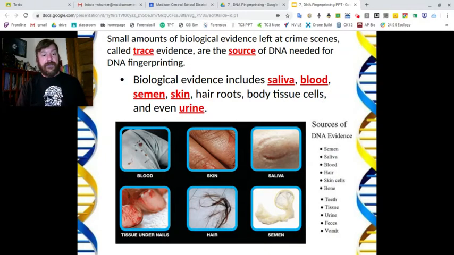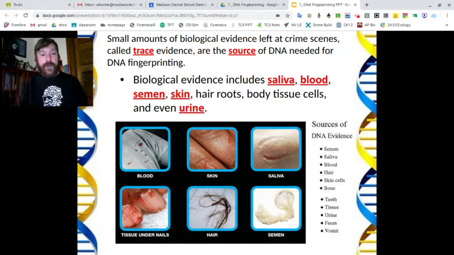You have trace evidence in the form of saliva, blood, semen, skin. Sometimes hair follicles from the root would have enough DNA that you could use them. Body cells from tissue, and sometimes urine. Not always. So there's quite a lot of different sources you can use to get a DNA sample.